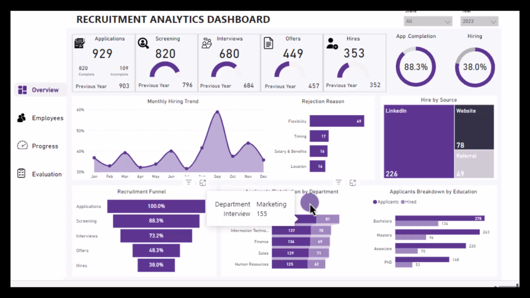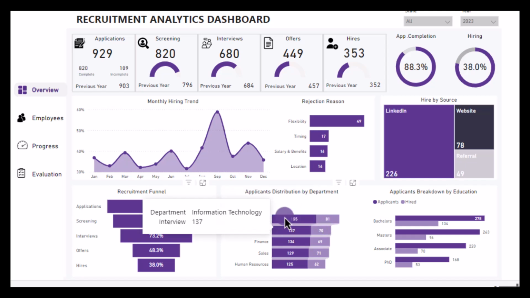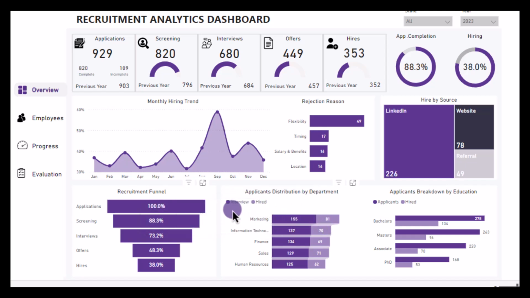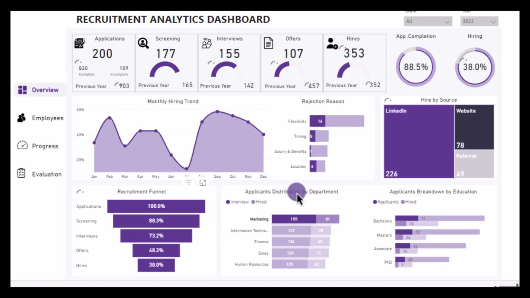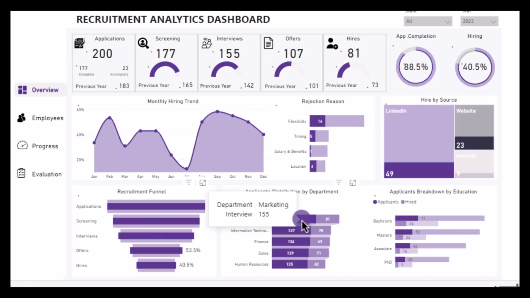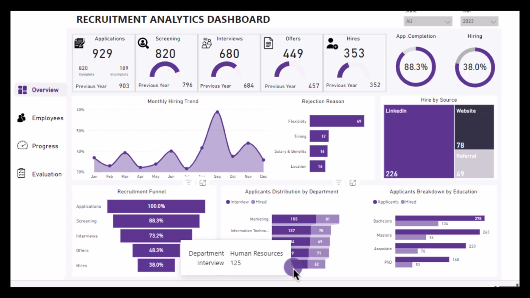So for marketing department, we have interviewed around 155 candidates, out of which 81 of them were hired. So the dark purple color indicates the interview and the light purple color indicates the rate of hiring. And we had lowest interviews and hiring in the human resources department.